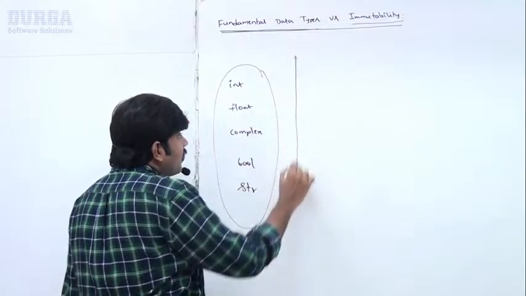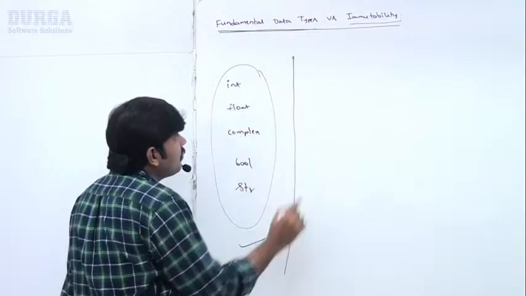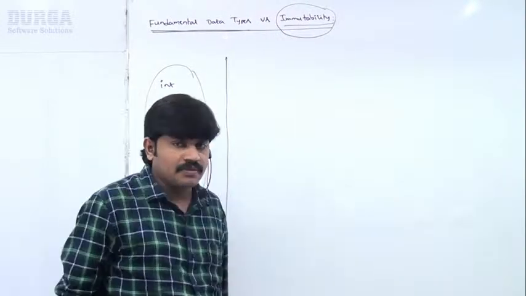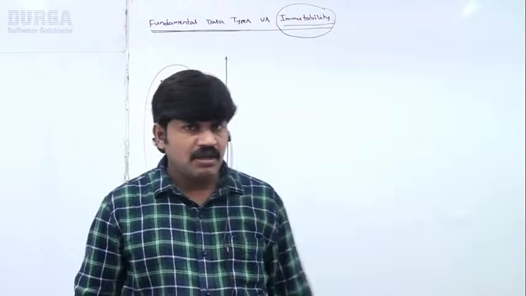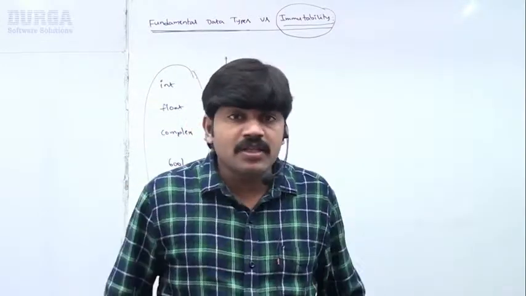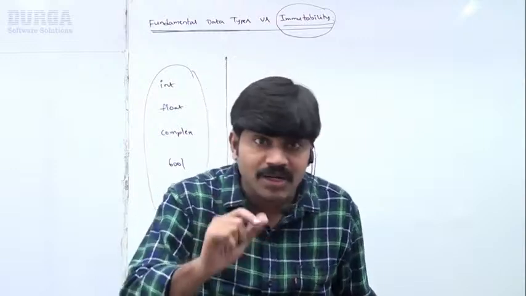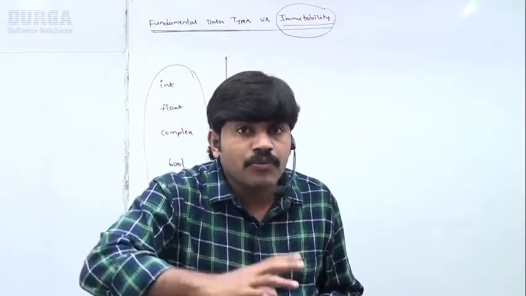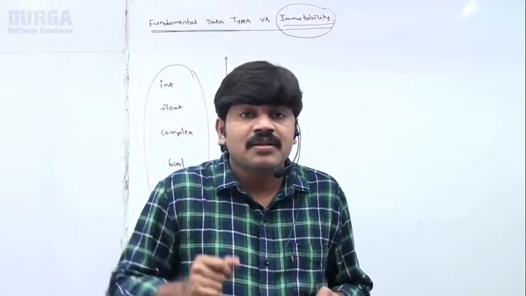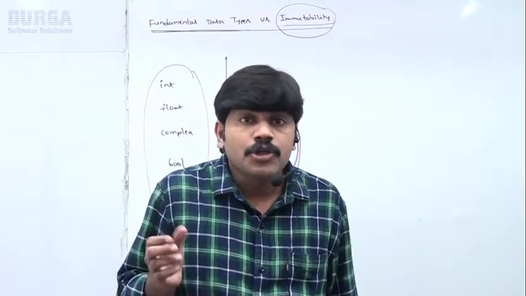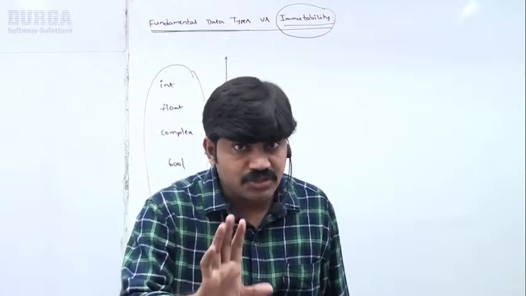Next, what is the meaning of immutable? What is the meaning of immutability? Can anyone tell? The normal dictionary meaning, forget about Python programming. Very simple: mutable means changeable, you can change. Immutable means non-changeable.